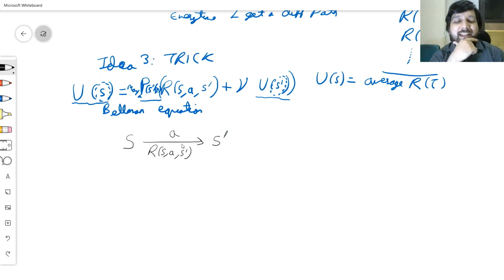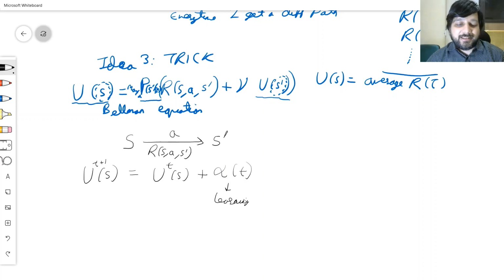And now I'm thinking that, okay, from this observation, can I learn something? Is there something hidden in this observation? Yes, that's the Bellman equation. So from S to S dash, there are some linkages, and that's what I'll try to learn. So I say that utility of S, the new value, at time t plus 1, is equal to utility of S, the old value, plus learning rate times the error.